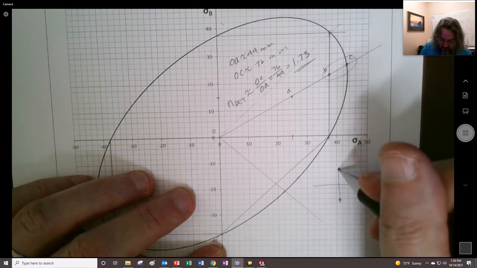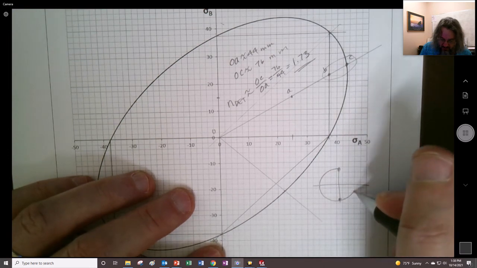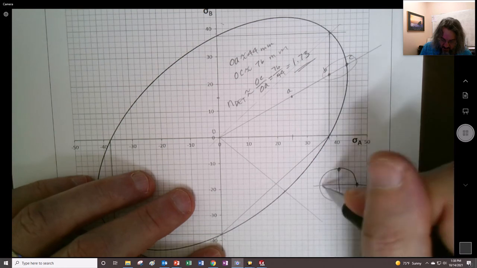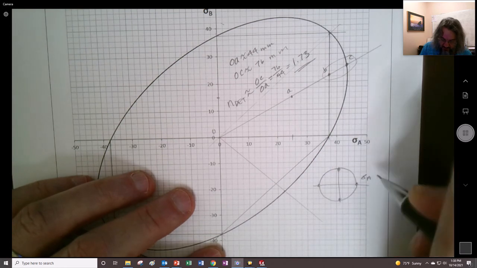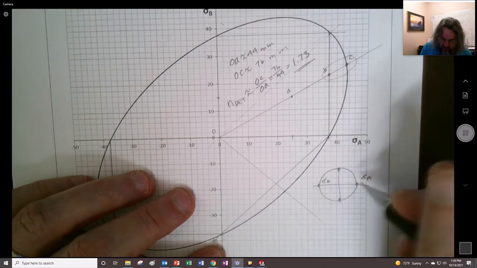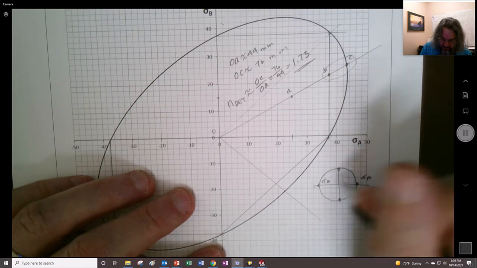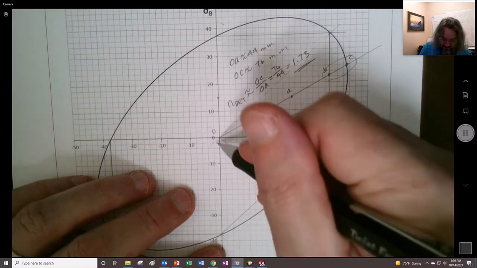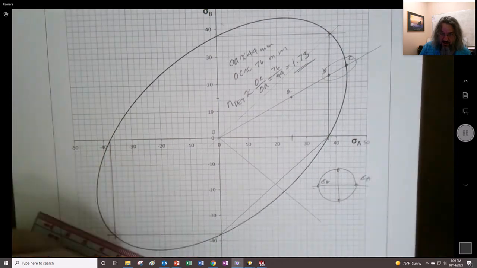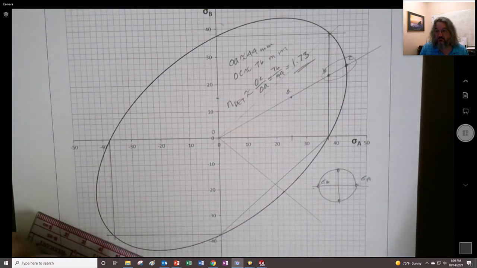So sigma A and sigma B were equal to each other, but opposite in sign, and so that would be along this line right here in pure shear. So that's an interesting thing to know.